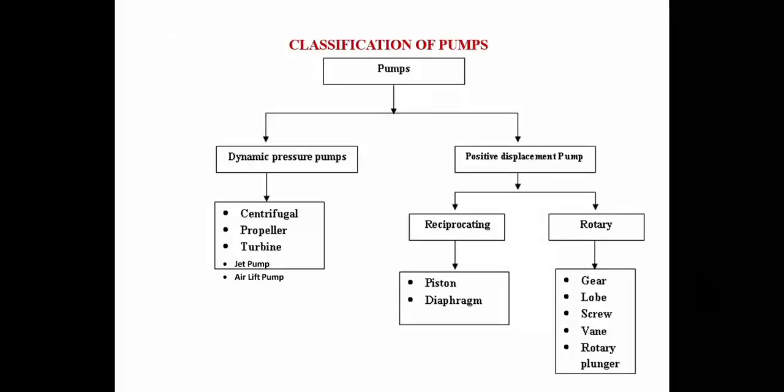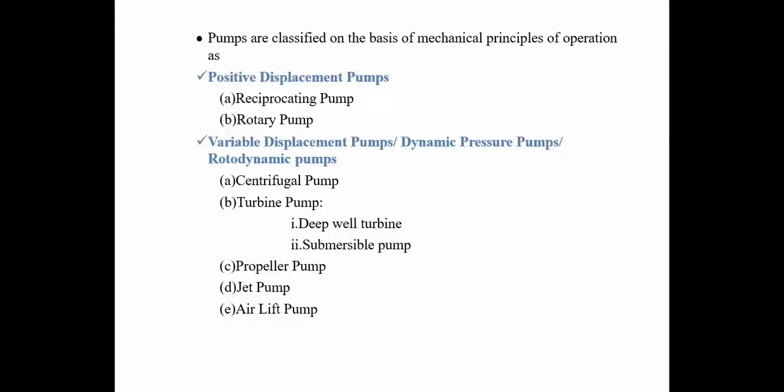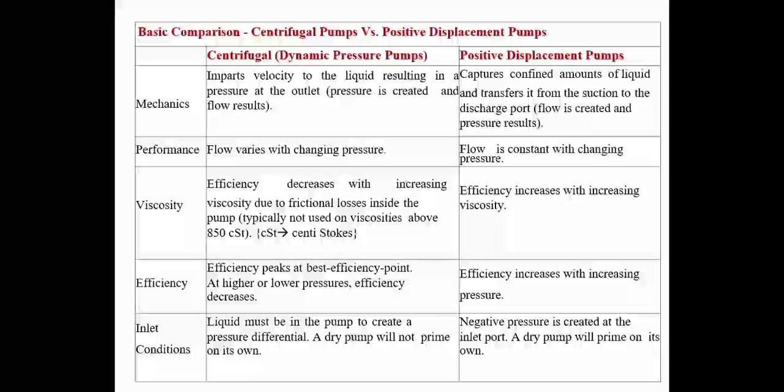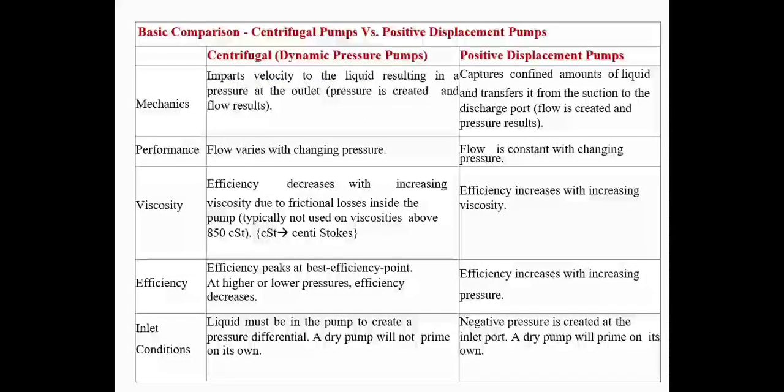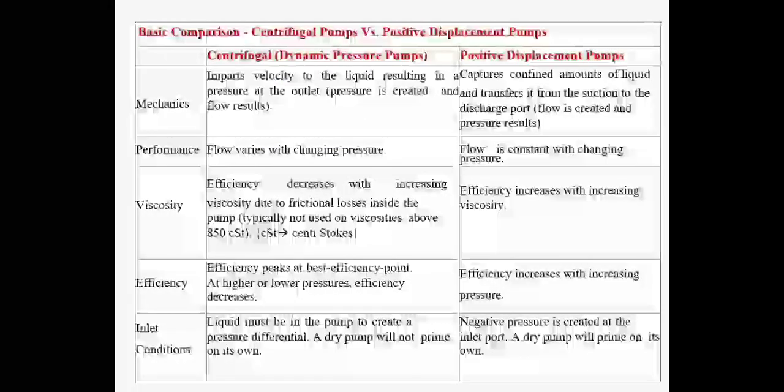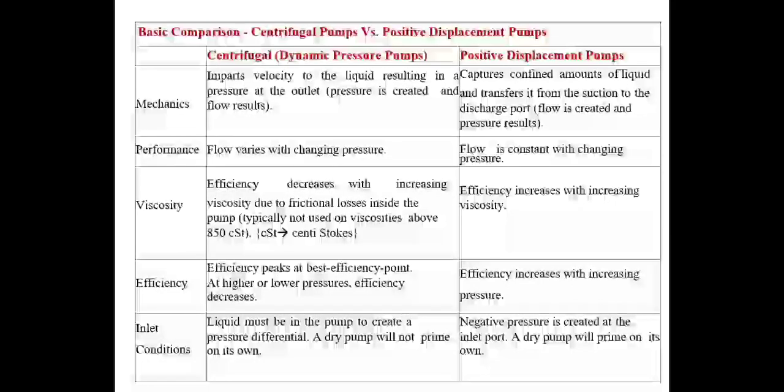Now we will move on to the important types of pumps in detail. So first we will move on to the positive displacement pumps. First we will see the basic comparison between centrifugal pumps and positive displacement pumps.